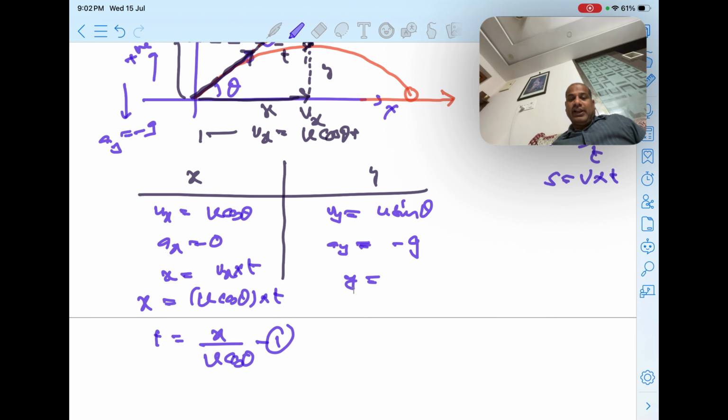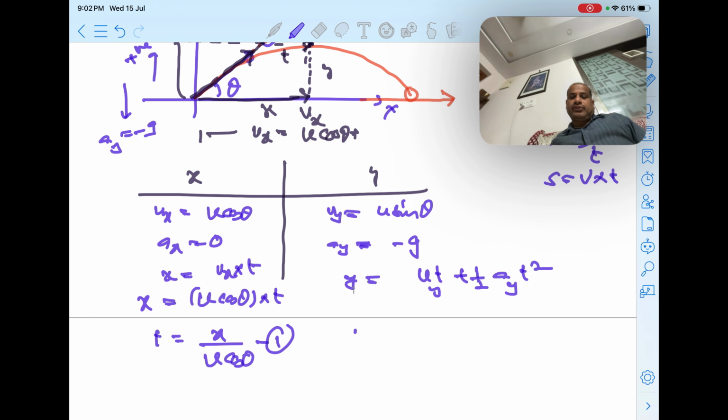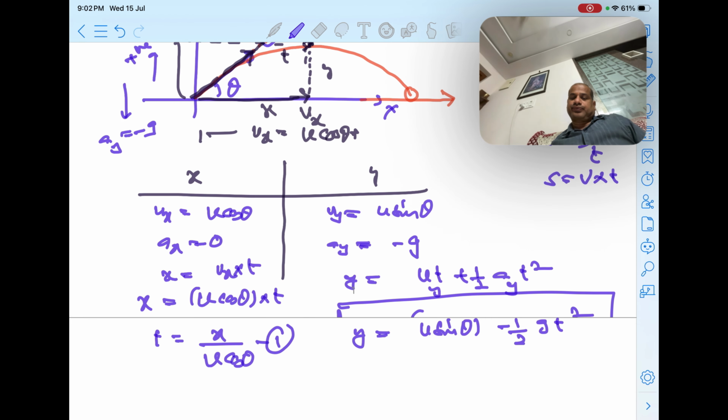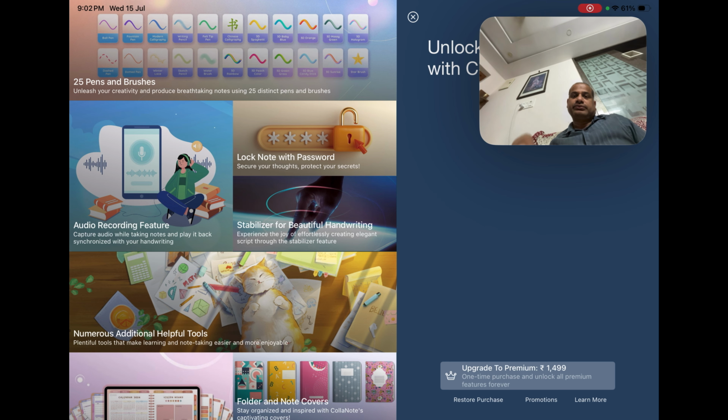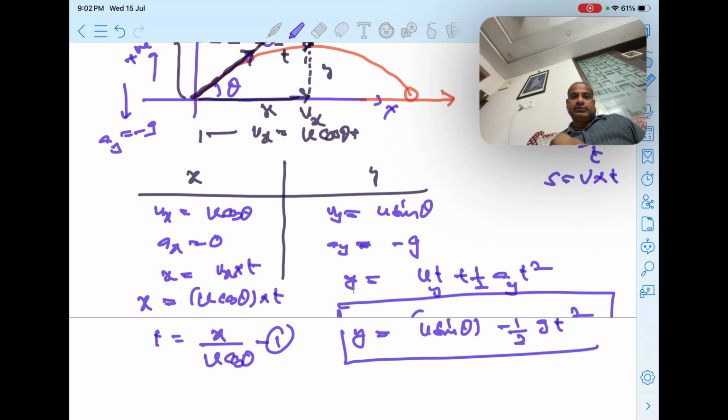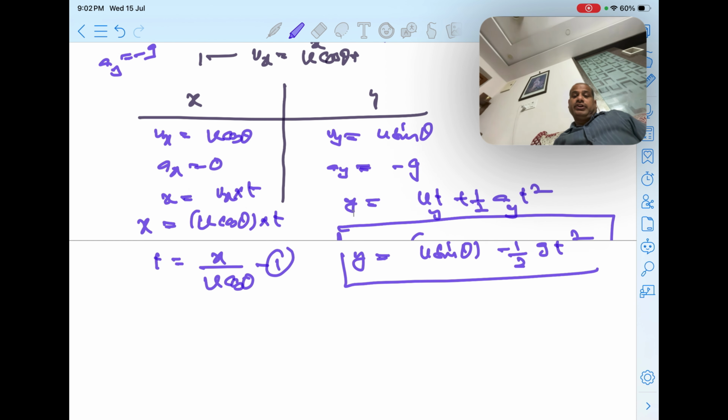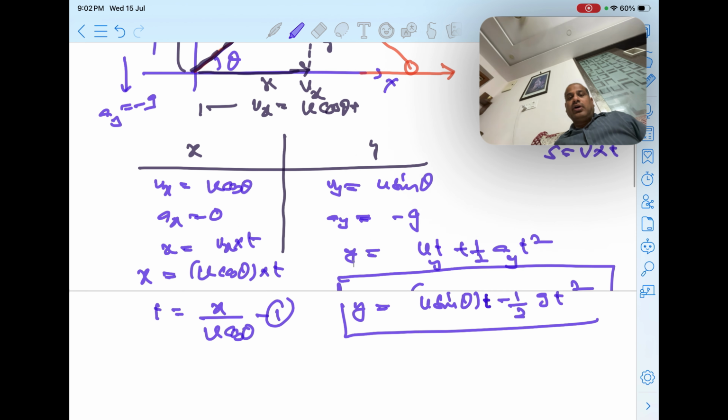Similarly in the y direction, ay is minus g, so the y direction acceleration is constant, so we can use ut plus half a t square. The y direction initial velocity is u sin theta and ay is minus g, so y equals u sin theta into t minus half g t square.